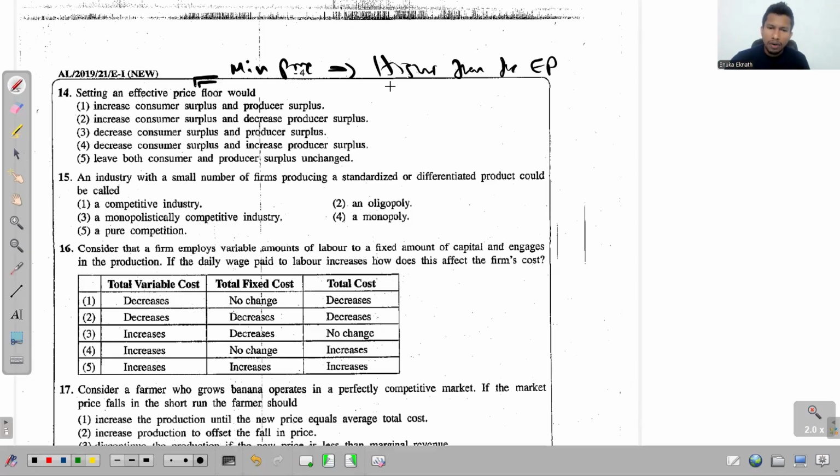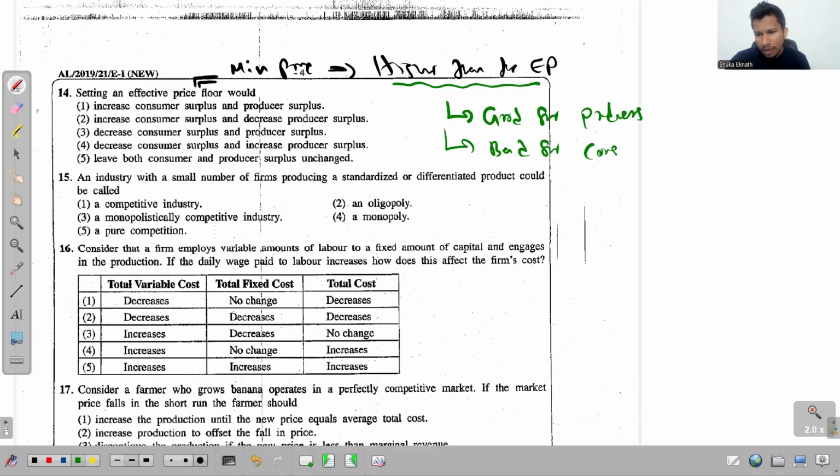Then we have to think. If the price is higher than the equilibrium price, it's good for producers and bad for consumers. A price higher than the equilibrium price is always bad for the consumer and good for the producers. So now what are we asking? What will happen to the consumer surplus and producer surplus?